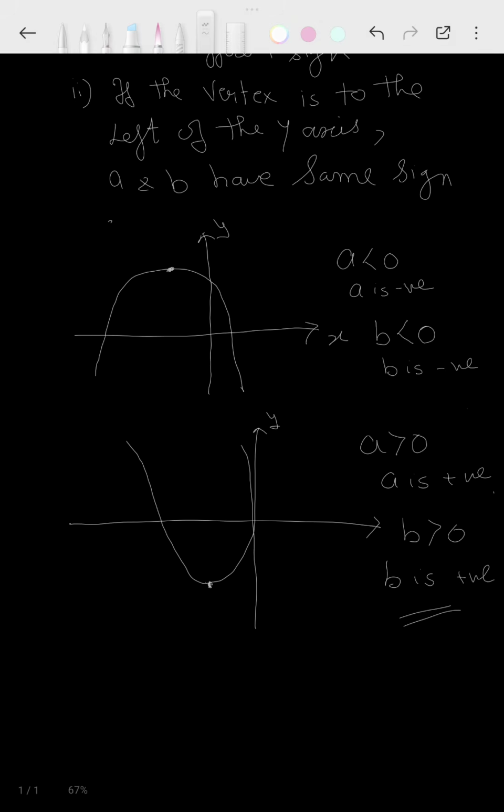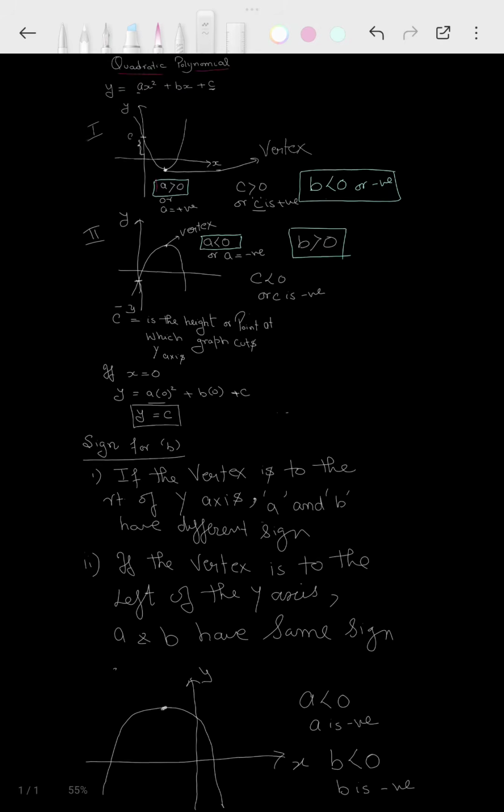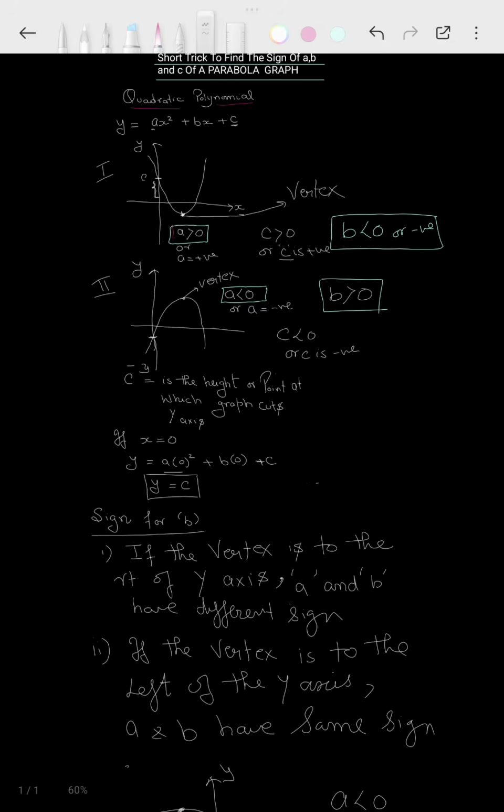Let me summarize it quickly. See, for the sign of A, we have to just see in which direction the graph is opening. If it is opening in the upward direction, our A will be positive. If it is opening downwards, then it is negative. Next, we find the sign of C by simply seeing where our graph cuts the y-axis.